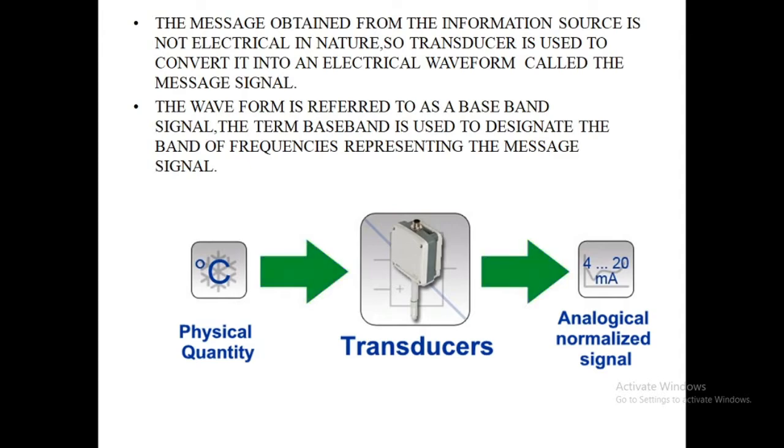So a transducer is used to convert it into an electrical waveform, which is called the message signal, which is analog. The waveform is referred to as a baseband signal. The term baseband is used to designate the band of frequencies representing the message signal.